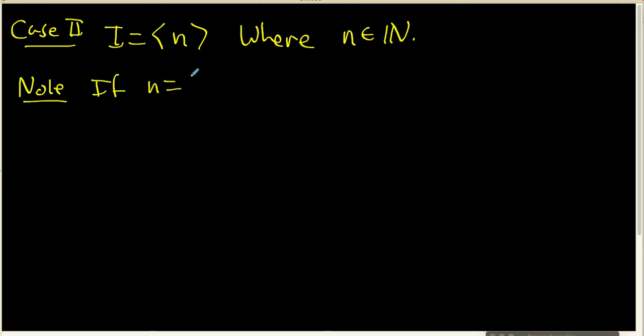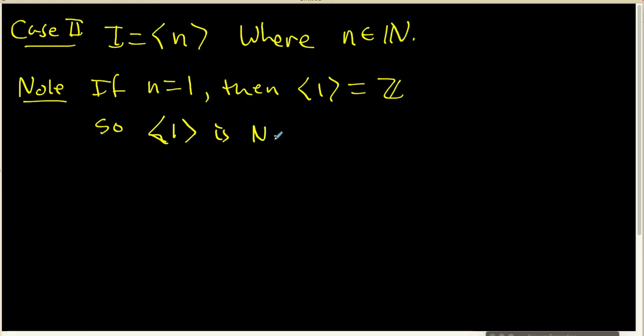If n is equal to 1, then the ideal generated by 1 is actually all of the set of integers. And so the principal ideal generated by 1 is not a proper ideal, so it is not a prime ideal.